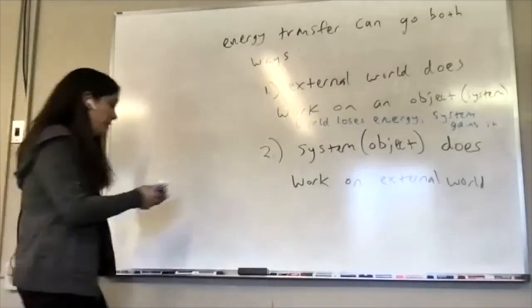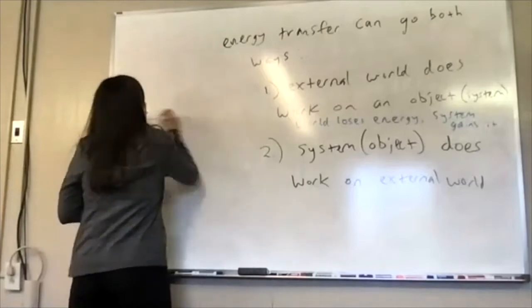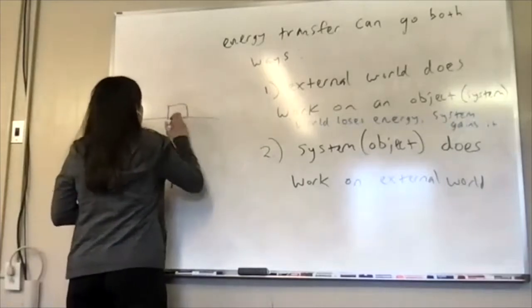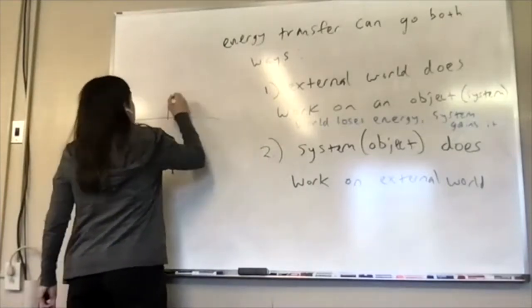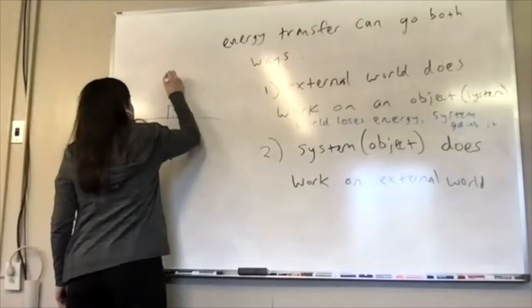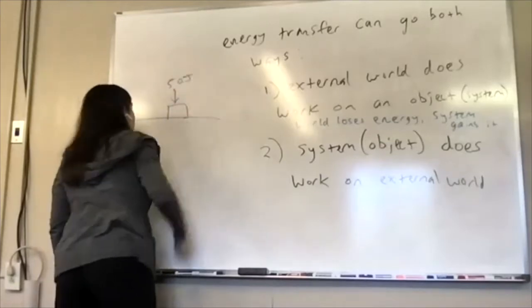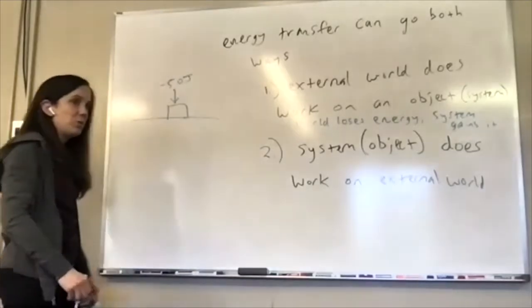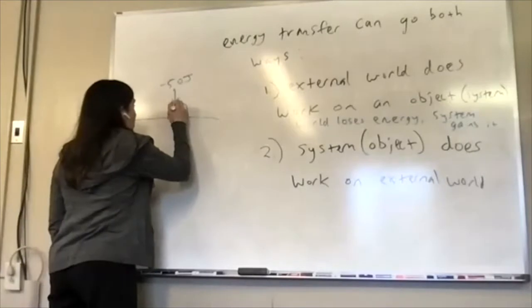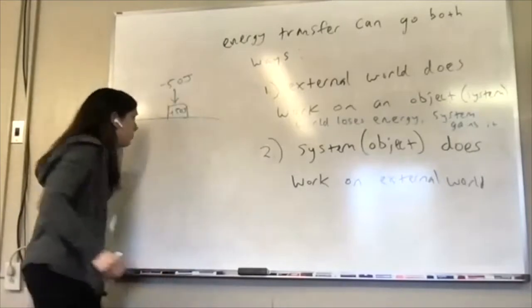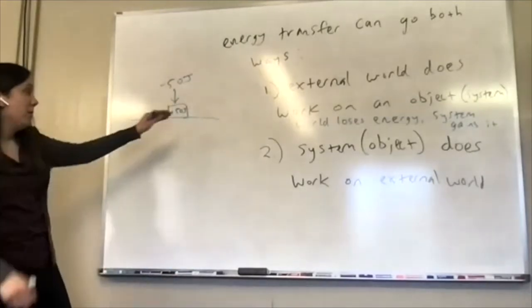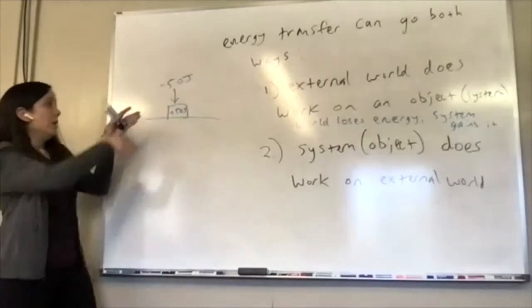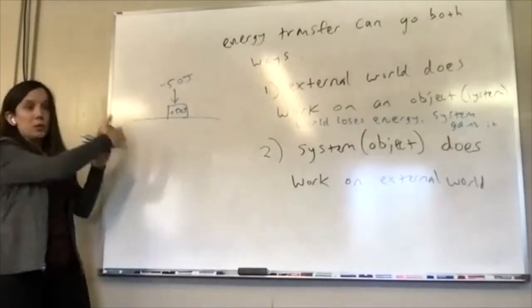Same thing here. Say that you have this system, which is a box, and the surroundings gives 50 joules of energy to the box. That means that the surroundings has lost 50 joules, but the box has gained 50 joules. So that would be what condition 1 says, where the environment gives energy to something.